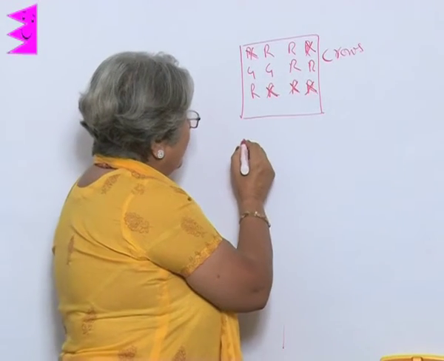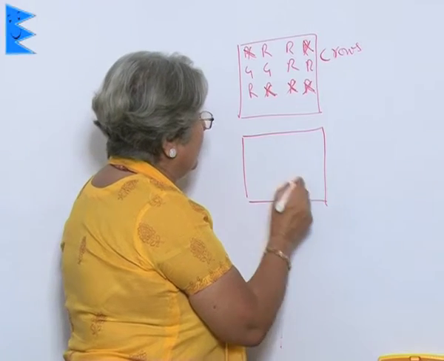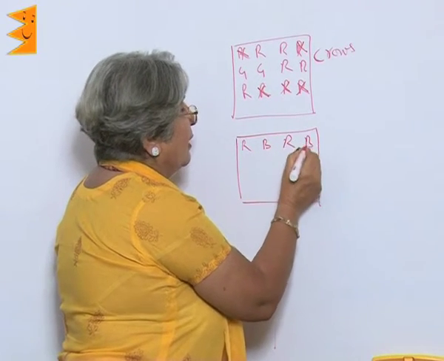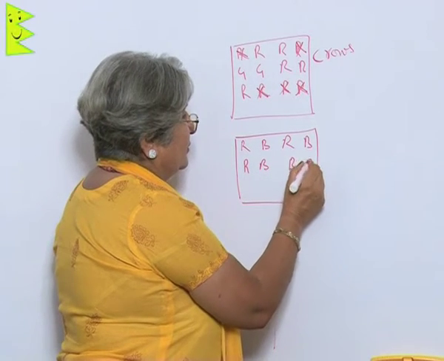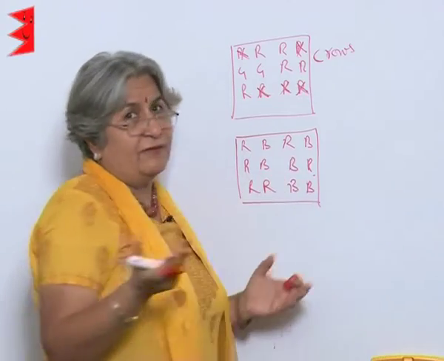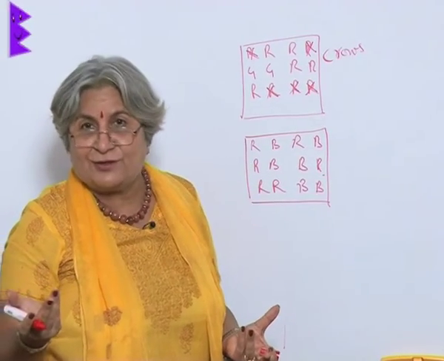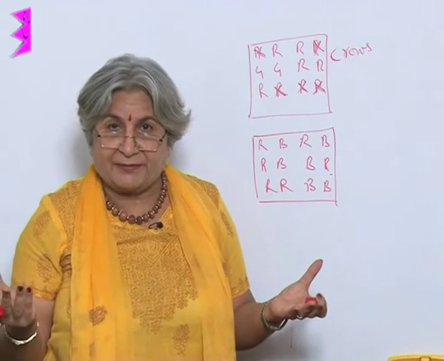Now say in another case, the variation is between red and blue. Now both are equally visible. So what is going to happen now? The crows have all the feast. They can eat the blue ones also, they can eat the red ones also. But imagine in a forest anything can happen.